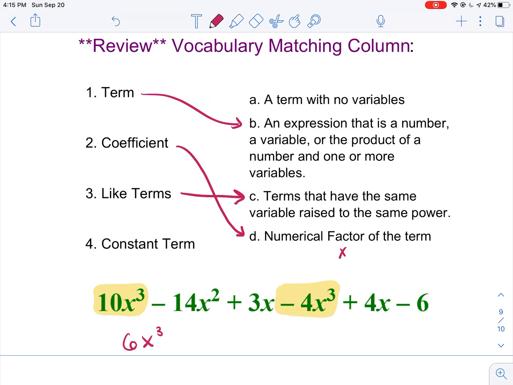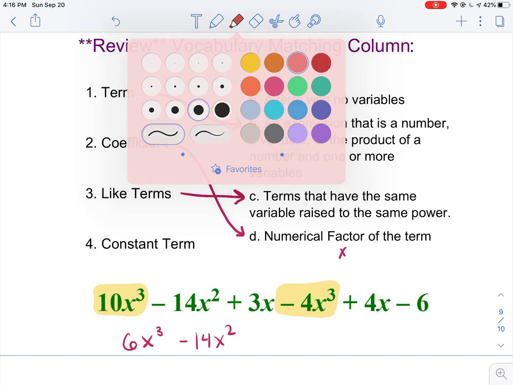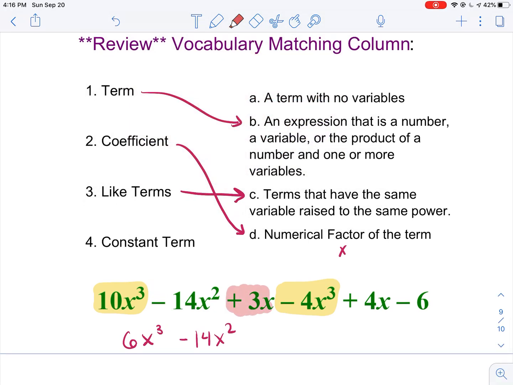There are no x to the second power like terms, so we bring that down. But there are x terms that are like 3x and 4x. We combine those by adding their coefficients to give me a 7x. And last but not least, we have what is called our constant term, which is a term with no variable.